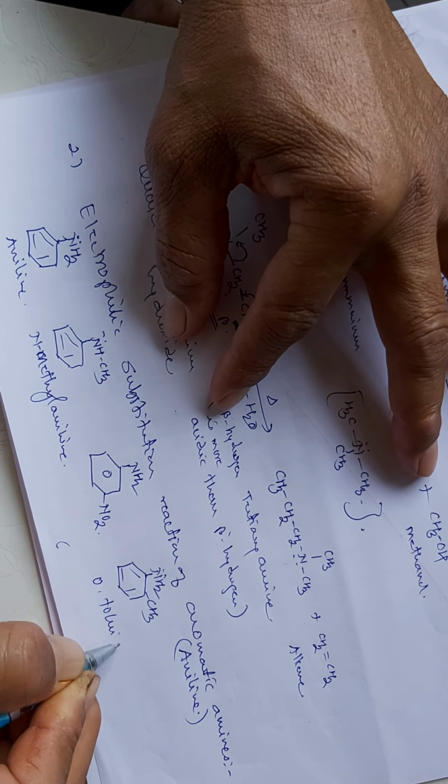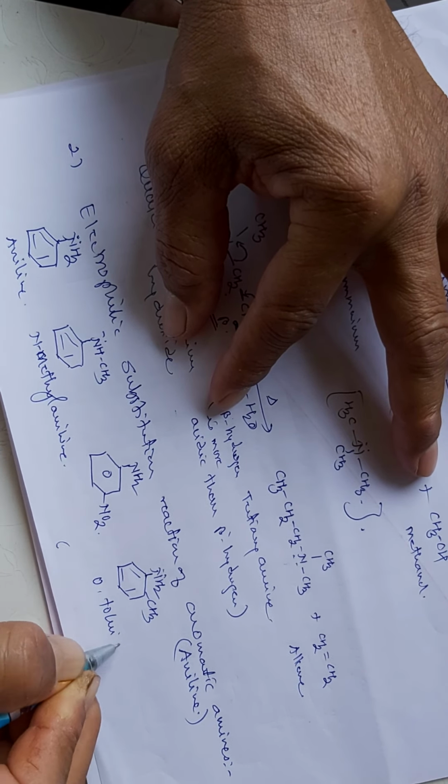And so the delocalization of the electron pair on the nitrogen is taking place, and due to this delocalization, the lone pair of electrons gives different types of resonating structures. Here we will get the resonating structures as NH2 with plus and minus charge.